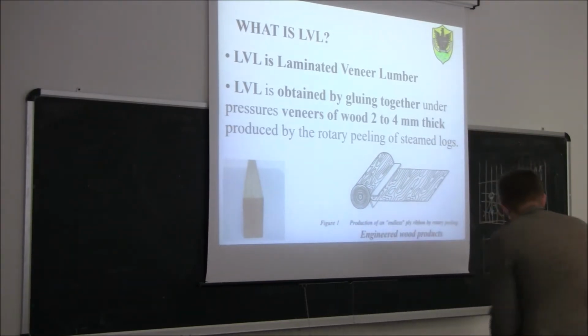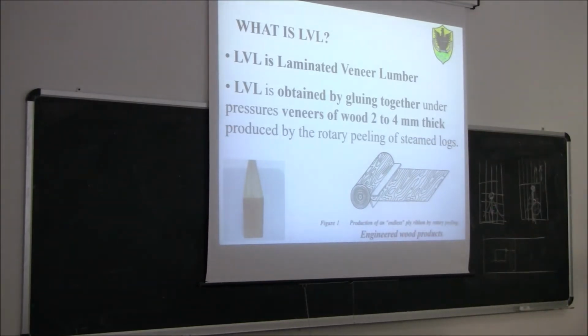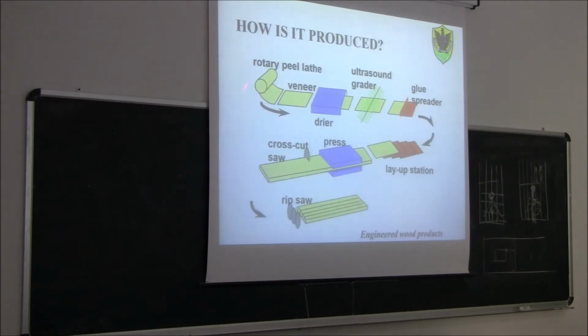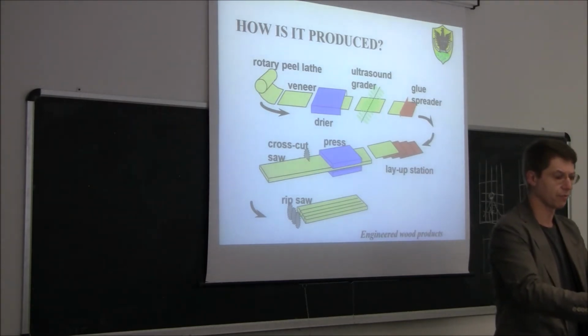So the idea is that from each log we produce this endless veneer, then we cut it into small panels, and then we reglue them together. You see rotary peeling lathe, veneer, cut, dryer, then the grading, glue spreader, pressing, and at the end we have this product. So we glue all of them together, all in the same, parallel direction.